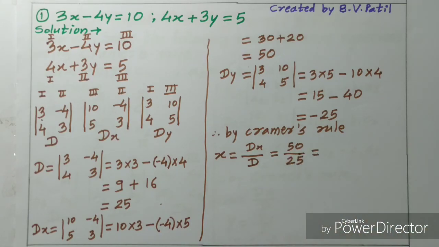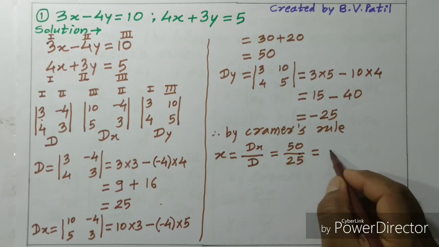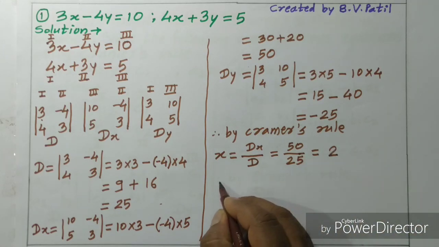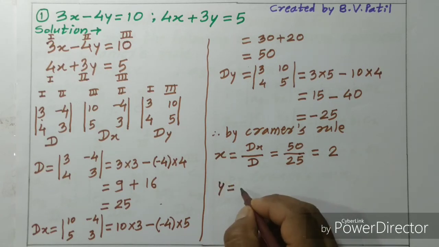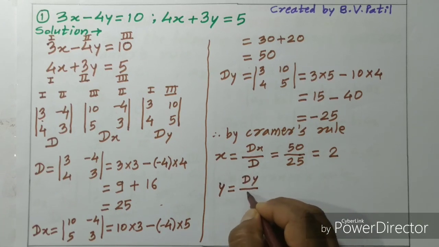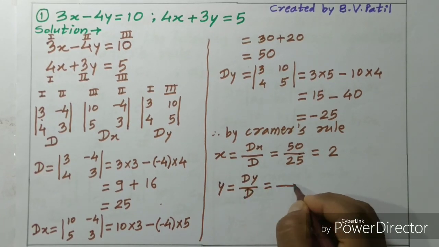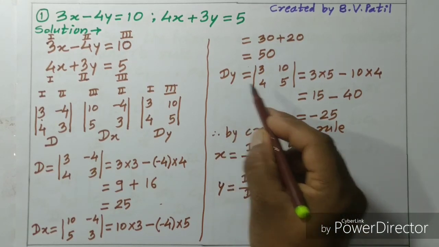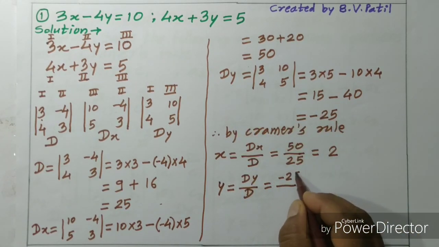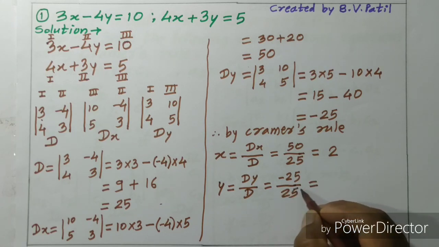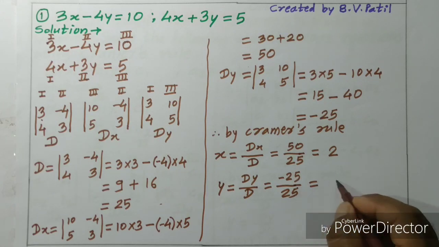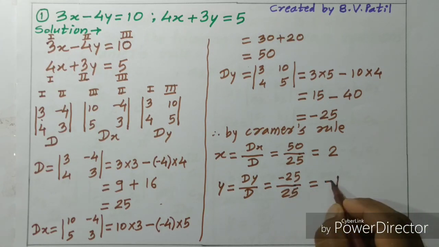Then divide here. 25 2s are 50. y is equal to what formula do we get here? dy upon D. What is the value of dy? The value of dy is minus 25. What is the value of D? The value of D is 25. Divide here. 25 1 is 25, and this minus sign we write here.